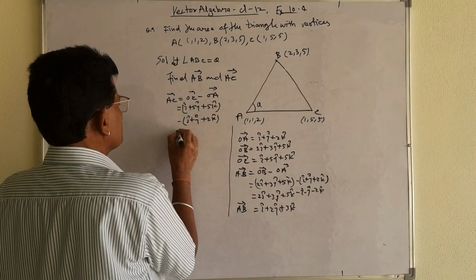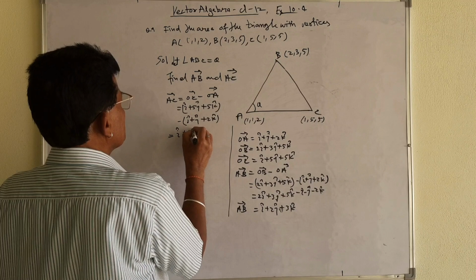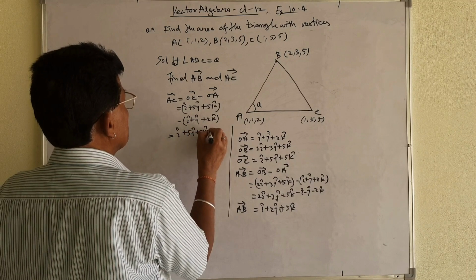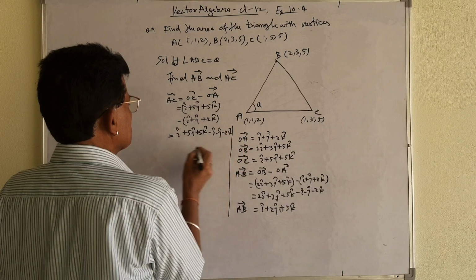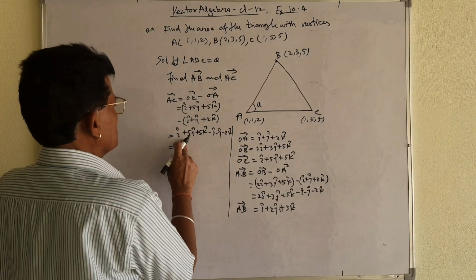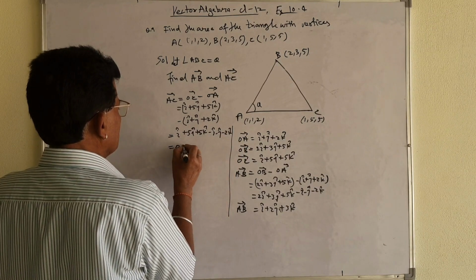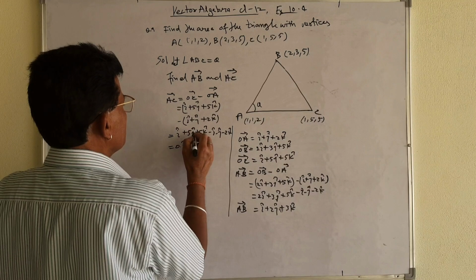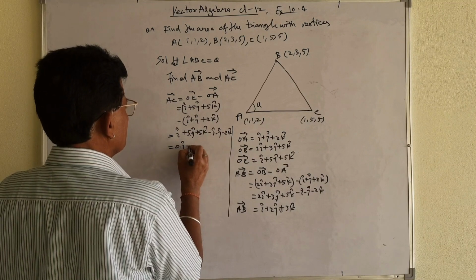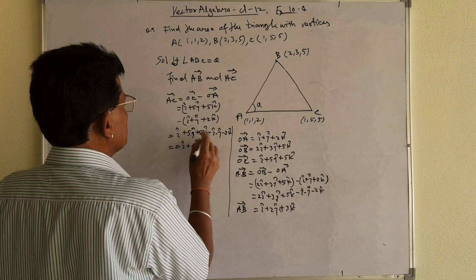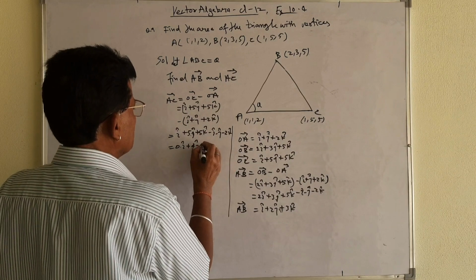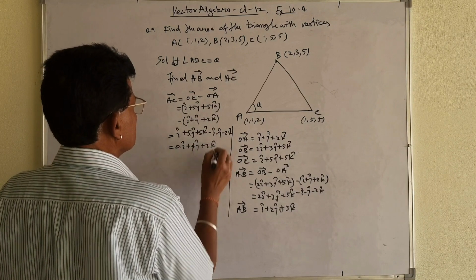So I plus 5J plus 5K, minus I, minus J and minus 2K. Its value will be I minus I, 0I, 5J minus J, plus 4J, and 5K minus 2K, plus 3K.